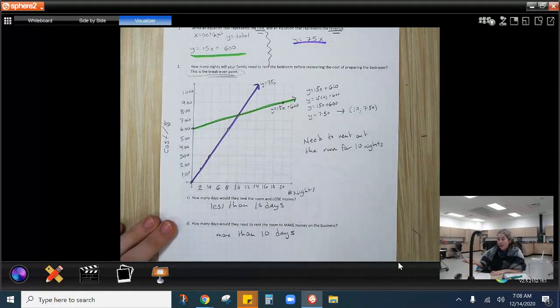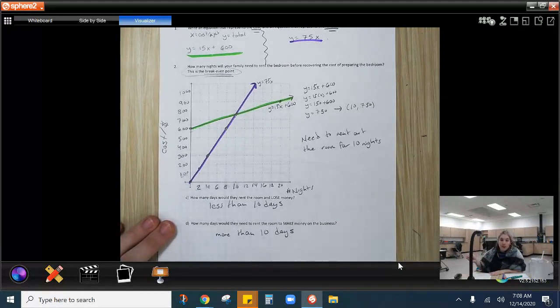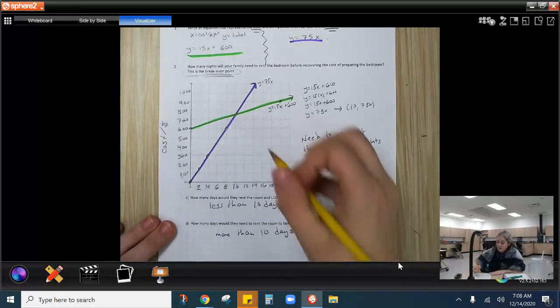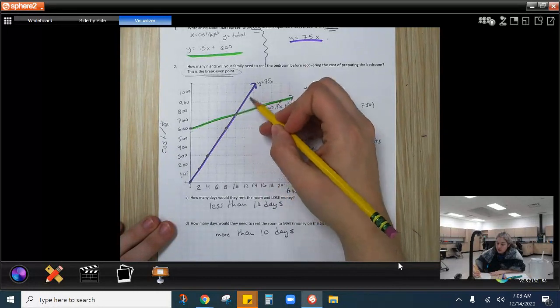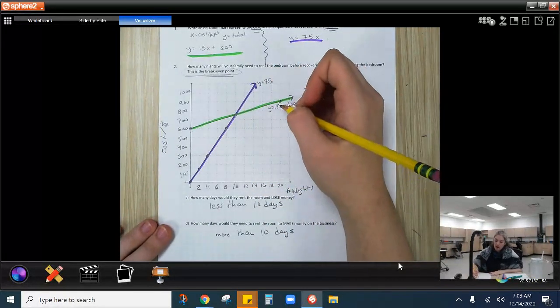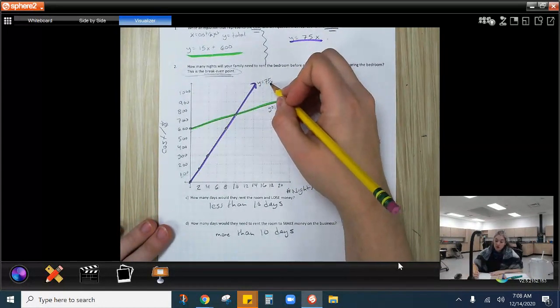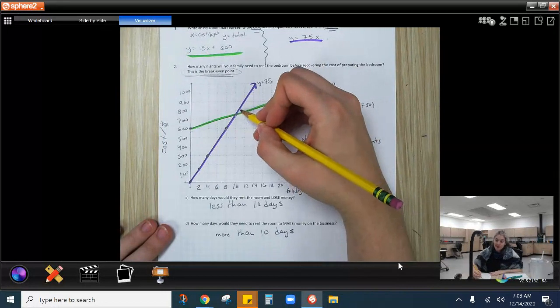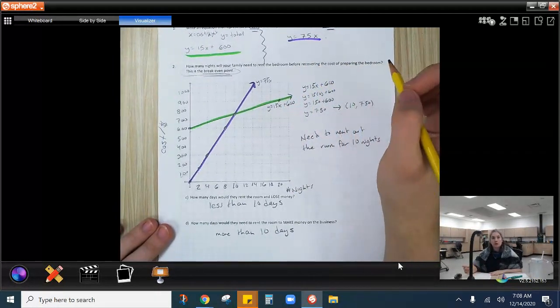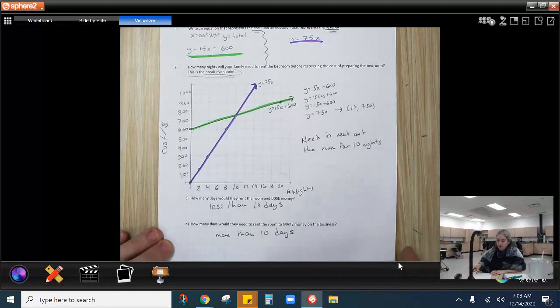Like you can't rent a room for half a day. This would be 11 days, right? So this would be 11 or more days. And that's when they would start earning money. And then they would earn it by whatever the difference is here. So like at 11 days, they had to spend another $15 for food, and they charged $75. So they actually only earn $60 a day more than what they cost or what they pay for it.